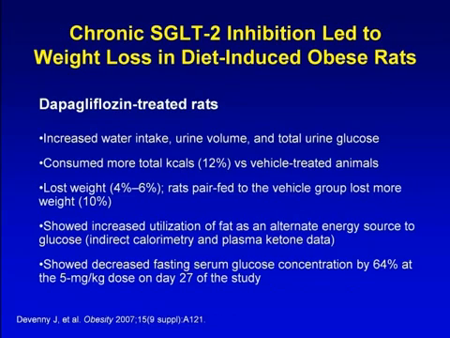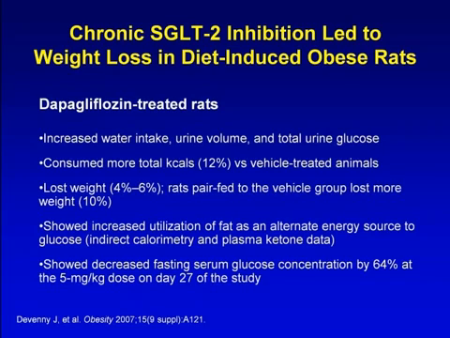This is another study where obese rats were used, and in this model they are not genetically diabetic, but they were diet-induced obese rats. SGLT2 inhibition was done with dapagliflozin. What was noticed was there was an increased intake of water, increased urine excretion, and total urine glucose, which is expected.